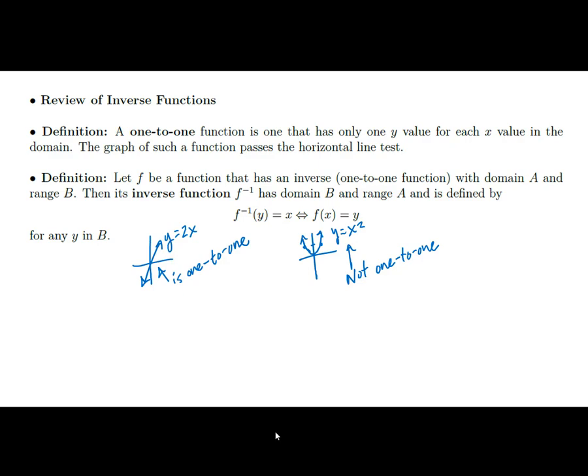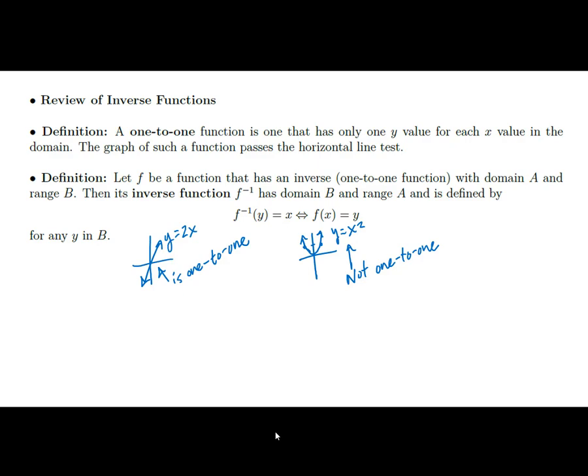So that's one fact we have to remember: if we want our sine function, our cosine function, etc., to have an inverse, it's got to be one-to-one. That'll be an issue we'll have to address.